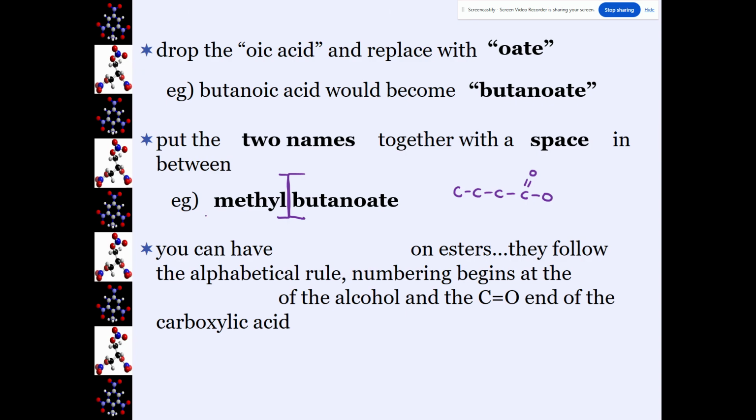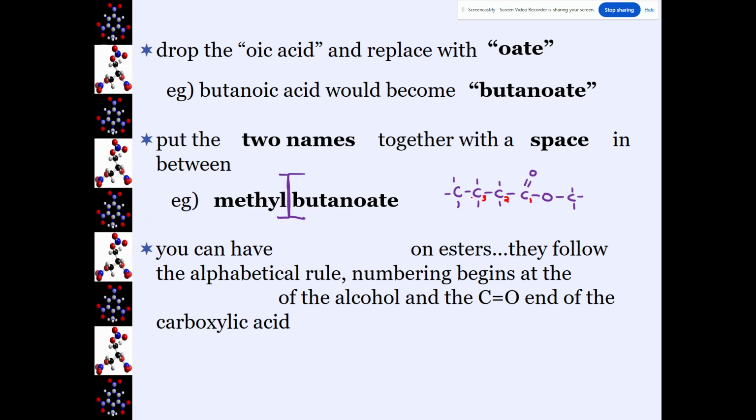Okay. And then the methyl part is the alcohol side, which is this side here, which methyl would be 1 carbon. Okay, I do need to finish to make my 4 bonds around everything. Don't forget to always have 4 bonds around everything. And when you're numbering these, you can have branches on both sides. Okay, so this is carbon 1.